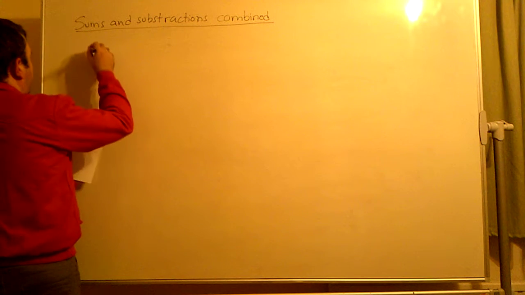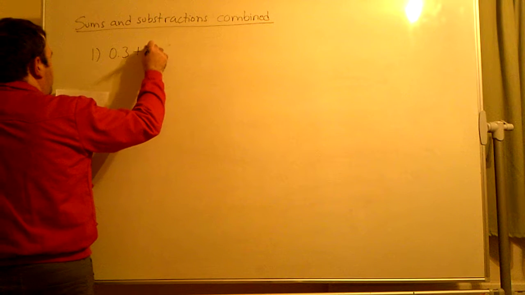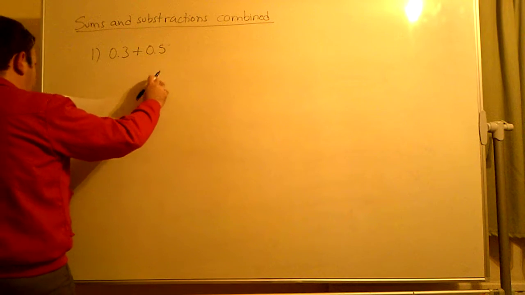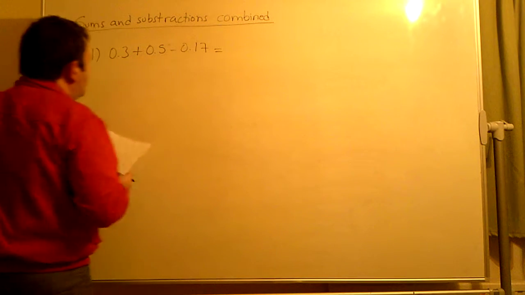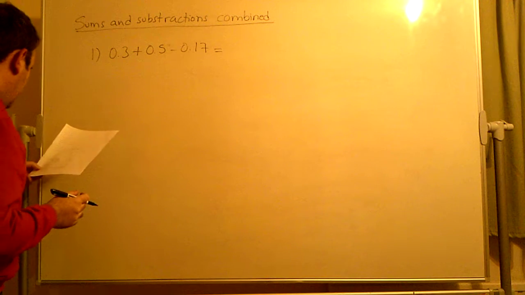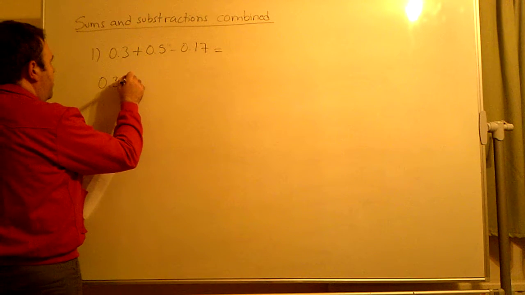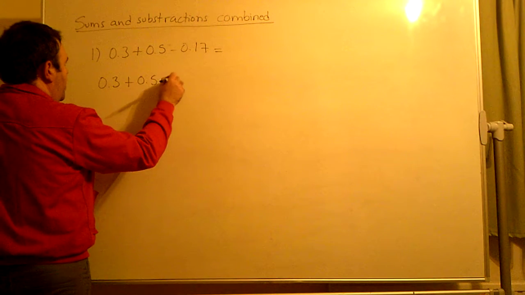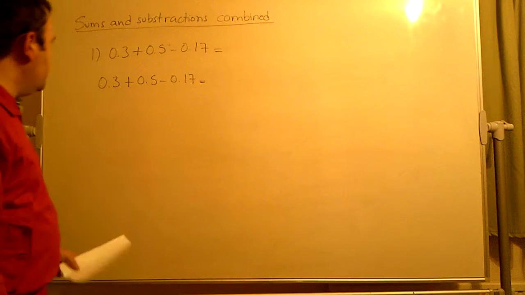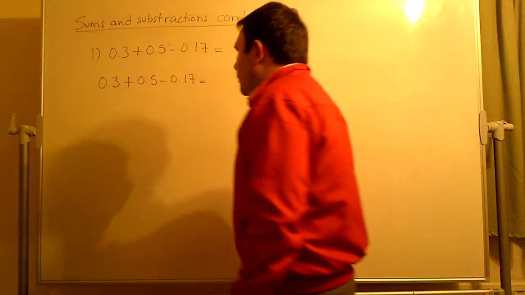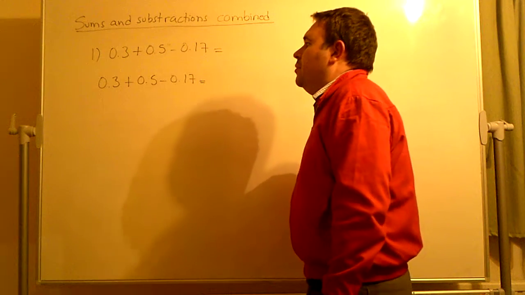So let's say that we have the following example, which would be 0.3 plus 0.5 minus 0.17. So we need to write it down here, 0.3 plus 0.5 minus 0.17. So we need to express this as a decimal fraction.